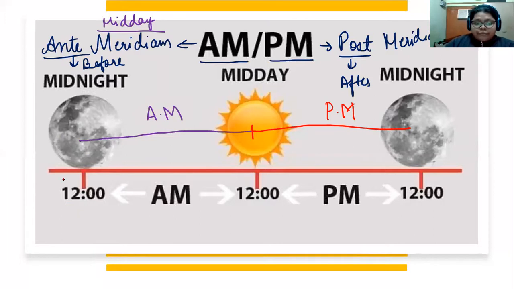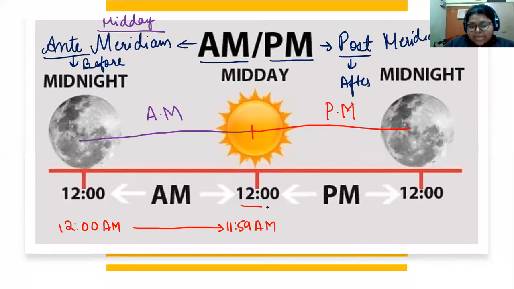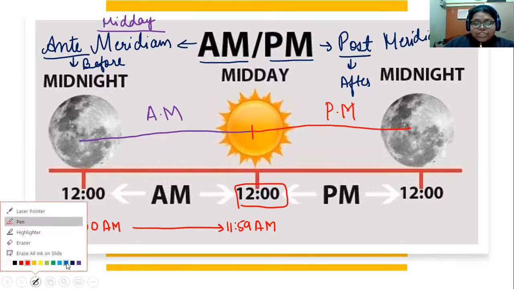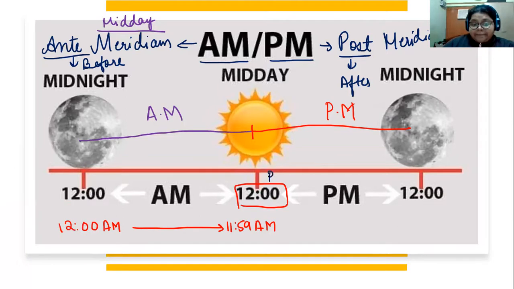So from midnight, 12 o'clock, we call it 12 AM, till 11:59, also we call it 12 AM. But when it comes to midday, 12, then this AM converts to PM.